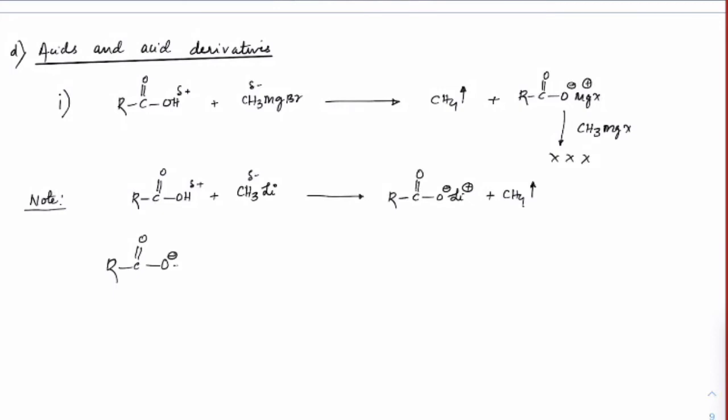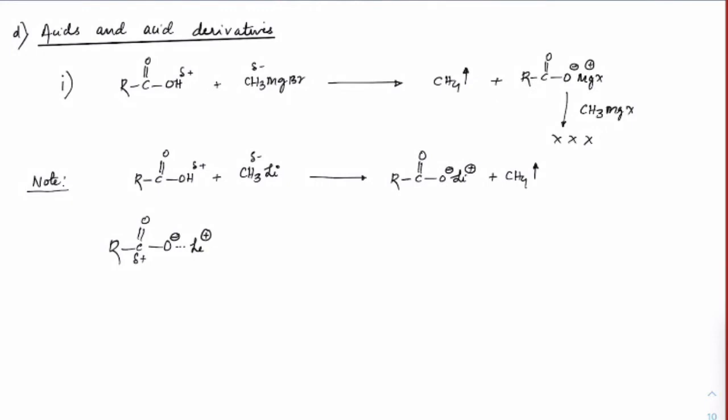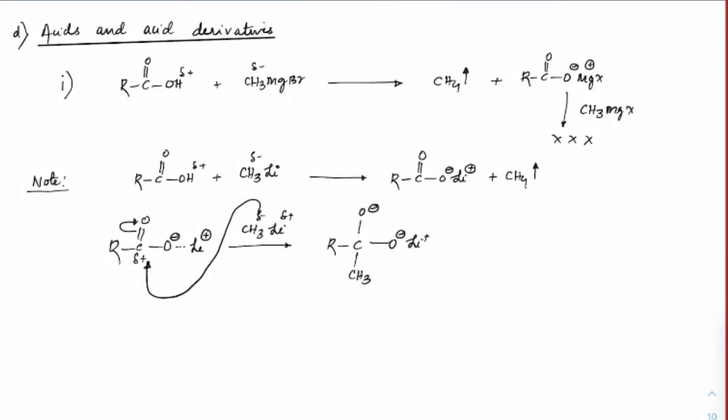So because of its high polarizing power, delta positive on carbon is still enough for the reaction to happen further, which means if I treat with one more CH3Li, this will again attack on this carbon, giving RC O minus CH3 O minus Li plus and Li plus.